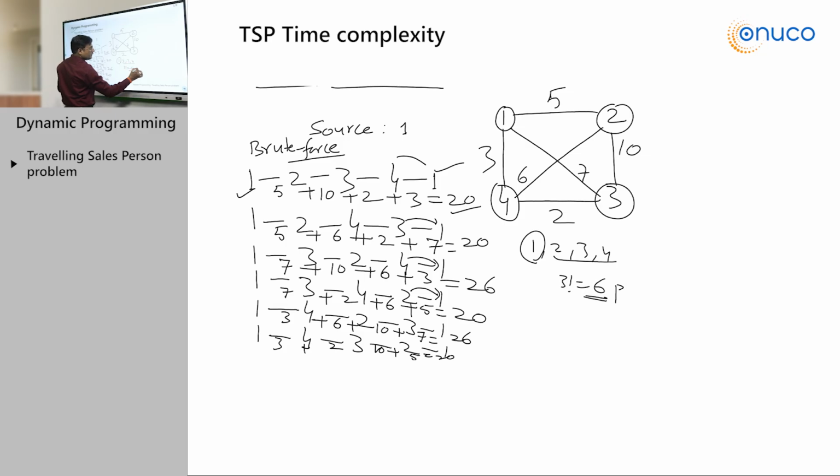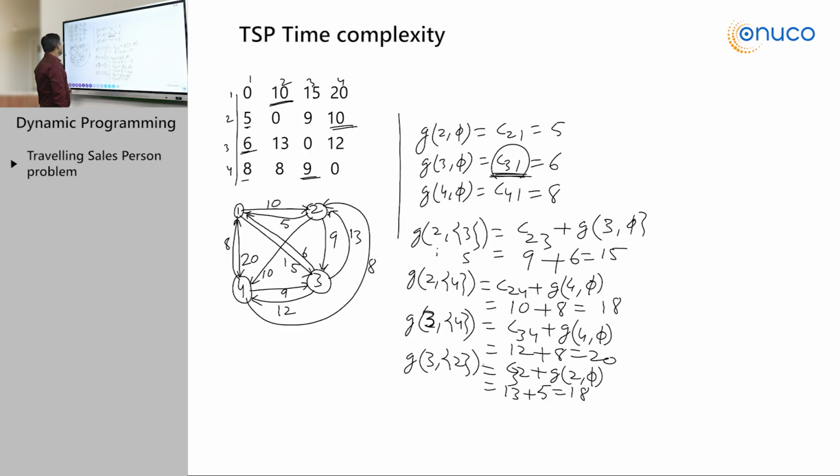So 6 different paths when the source is 1. It is nothing but n minus 1 factorial times we perform the task.